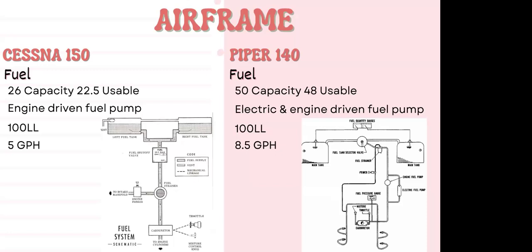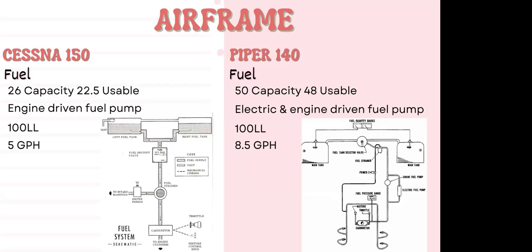That's a great question. When we're talking about usable fuel, we're really talking about our legal limitations. So for our day VFR flight, we need to have at least 30 minutes of fuel on board the aircraft at all times in order to be legal. Same thing at nighttime, it's 45 minutes. So in that POH, they account for that and they say you have a 26-gallon fuel capacity.